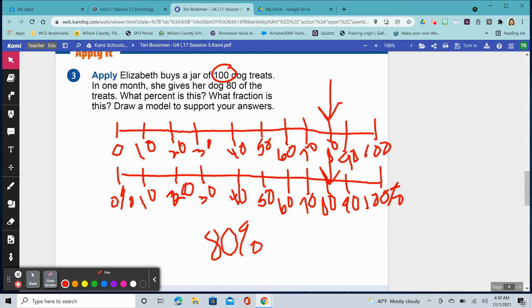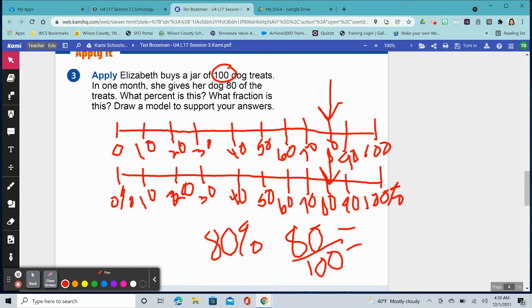And when we talked about percents yesterday, we said that percents are out of 100, so that's 80 out of 100. You could look at it that way, okay? And then you can simplify that. Or you can look at it as 80 out of 100 treats and do it that way.